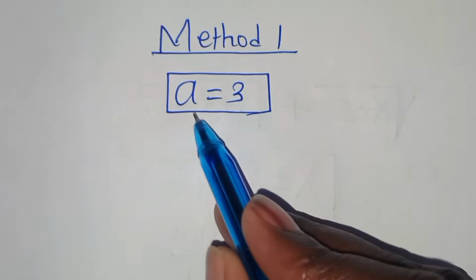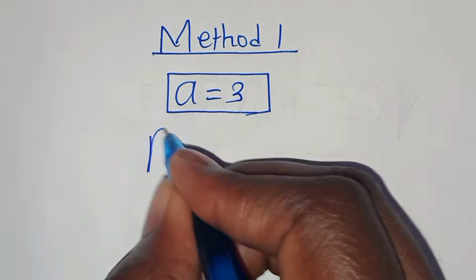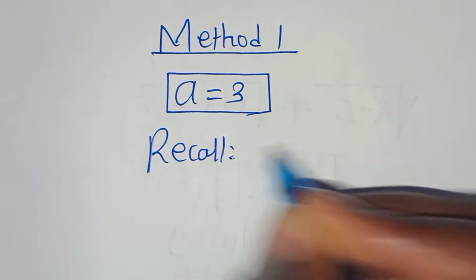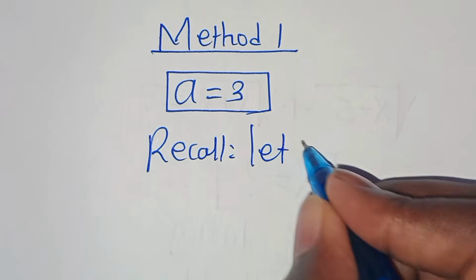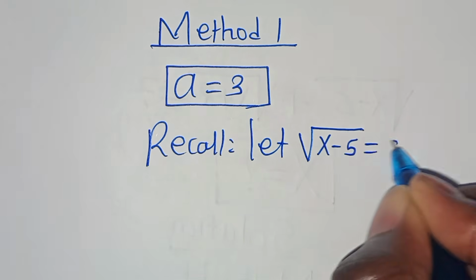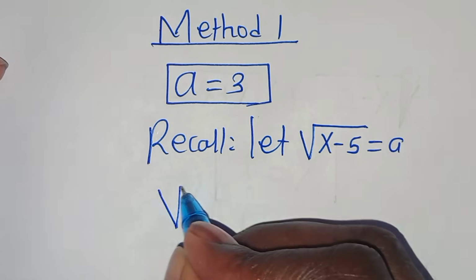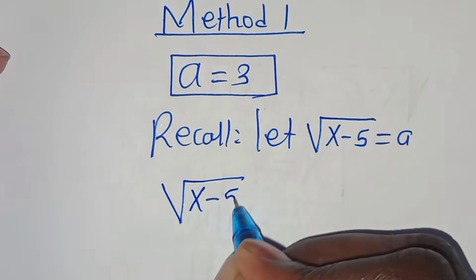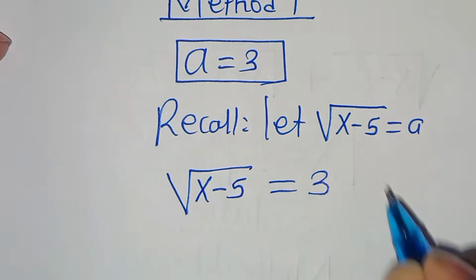Now we have the value of a equal to 3, and if you recall, we let the square root of x minus 5 be equal to a. So this means that the square root of x minus 5 is equal to 3.